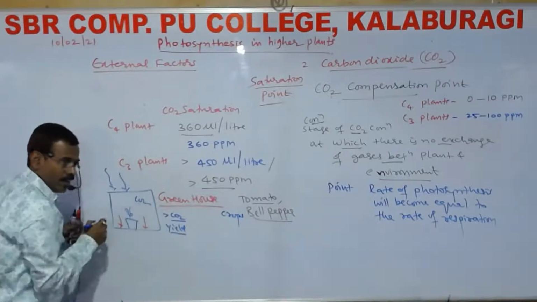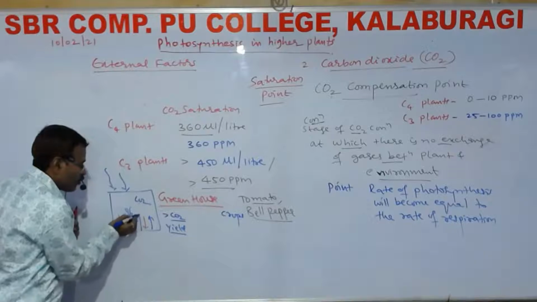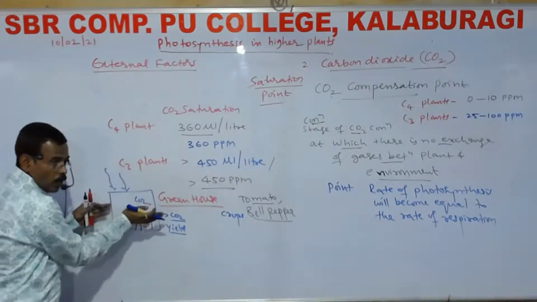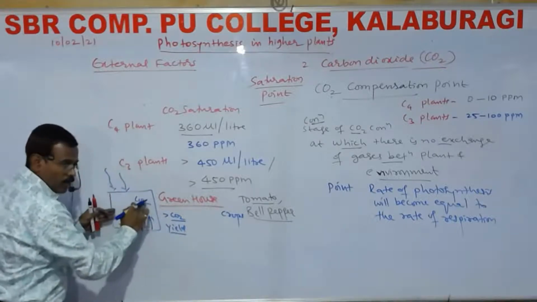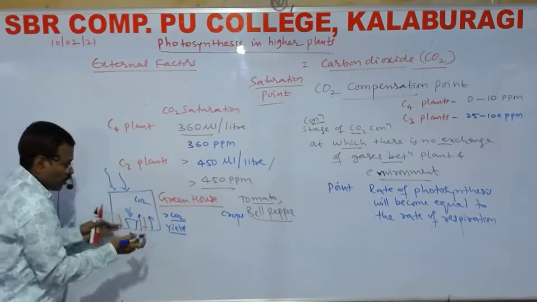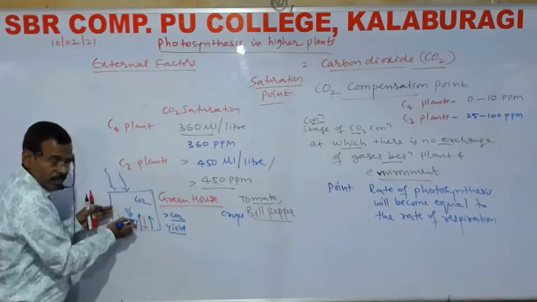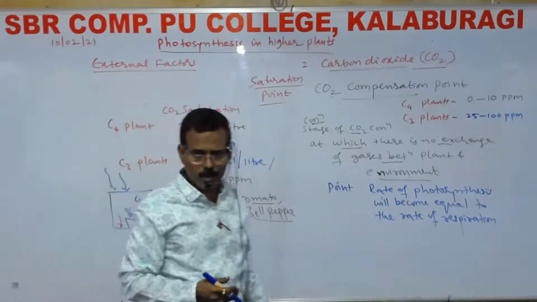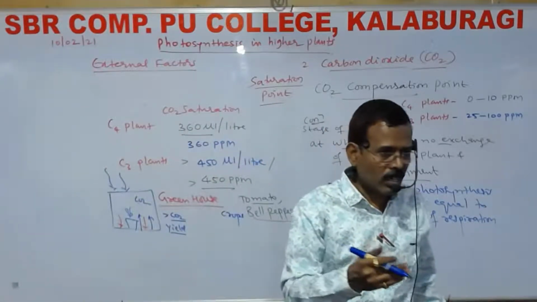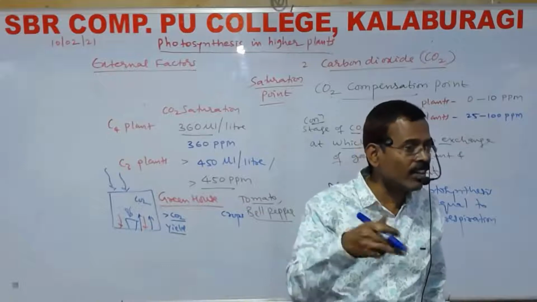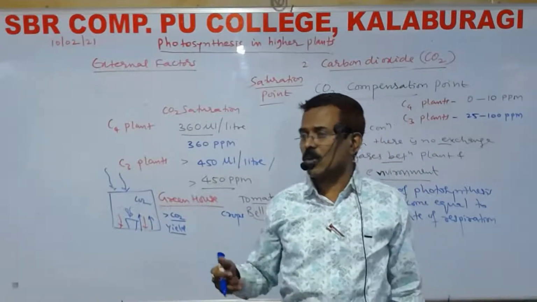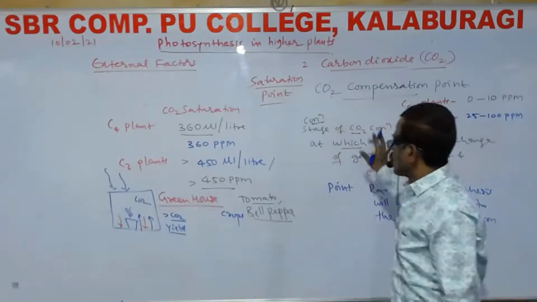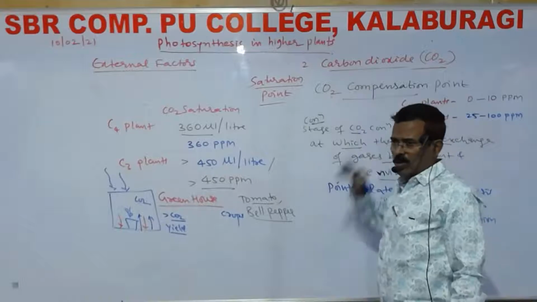So if CO2 is there, the radiations reflected from the ground surface will be retained within the glass house, not allowed to escape. Thereby, the warm temperature required for the growth and development of the plant is maintained. And this carbon dioxide can be utilized for photosynthesis. So increased carbon dioxide concentration can increase the rate of photosynthesis in greenhouse crops, especially C3 plants. Right? So this is about the carbon dioxide concentration.